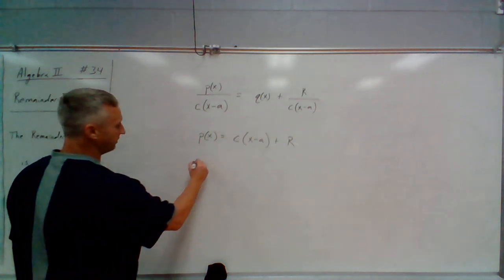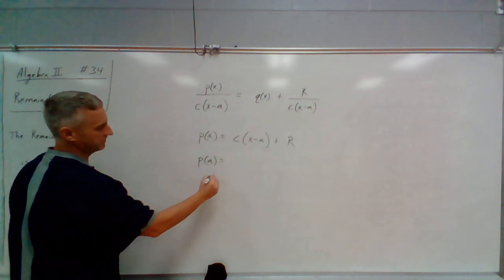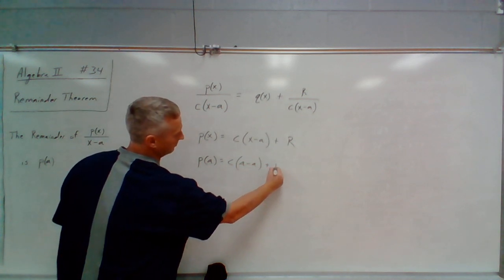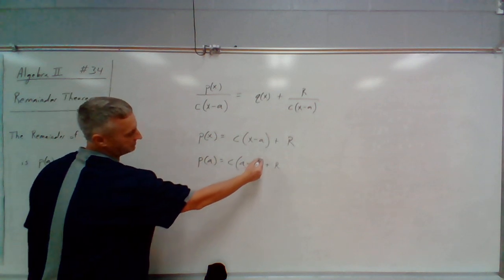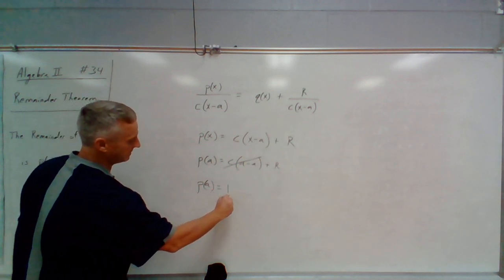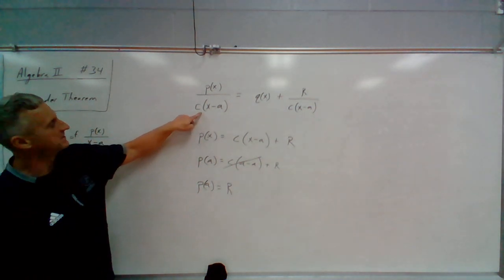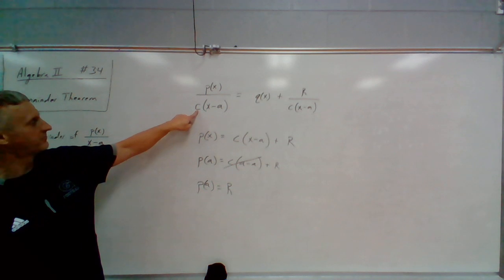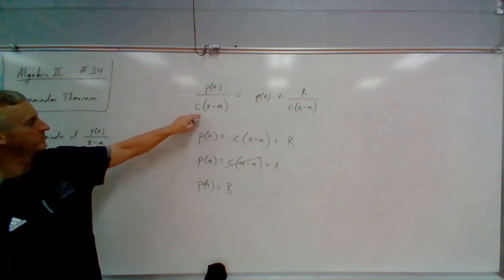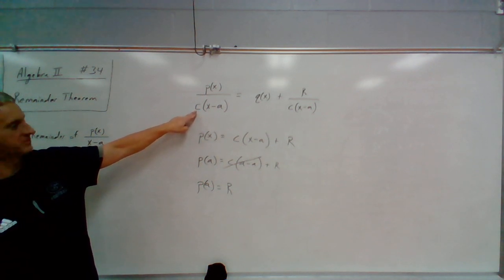Just like before, if I plug a in here, I'll have c times a minus a plus r. A minus a is 0, so those go away. And again, I have p of a is equal to the remainder. So what this says is that if there's a constant sitting in front of your x minus a, maybe a 5 or a 3 or a 7, it doesn't affect the remainder theorem.